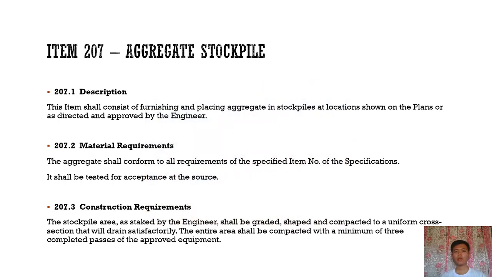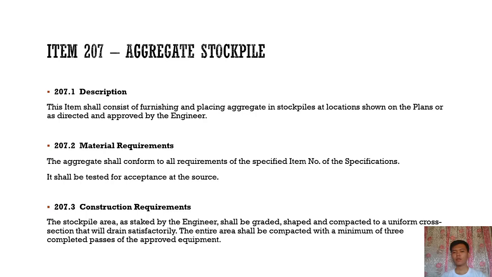Then material requirements. The aggregate shall conform to all requirements of the specified item number of the specification. It shall be tested for acceptance at the source. Construction requirements. The stockpile area, as stated by the engineer, shall be graded, shaped, and compacted to a uniform cross-section that will drain satisfactorily.